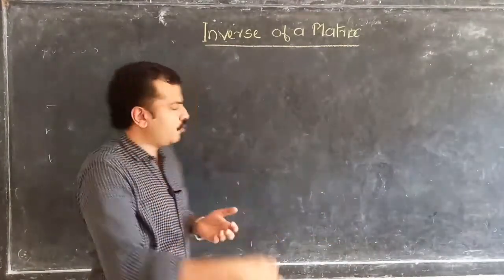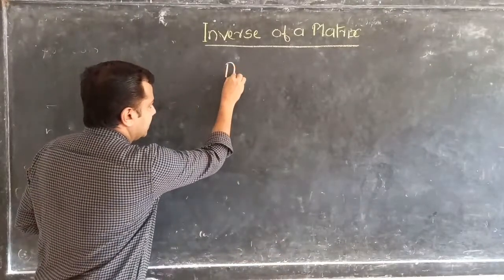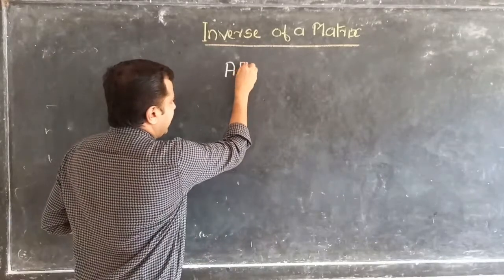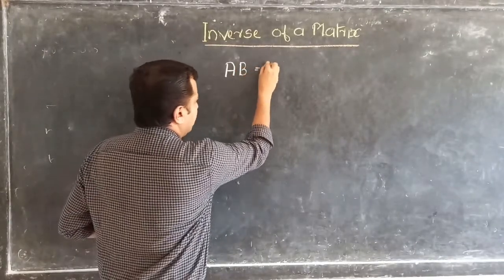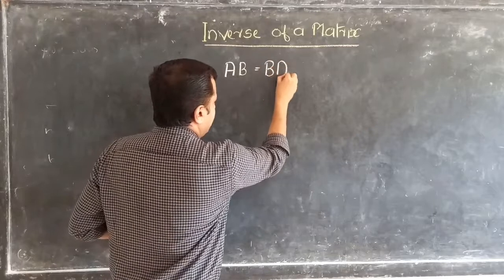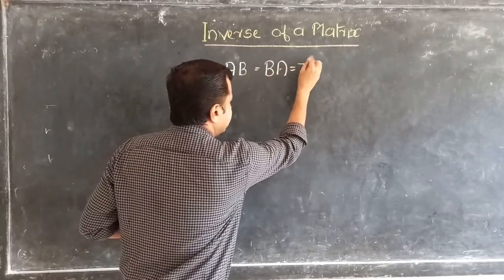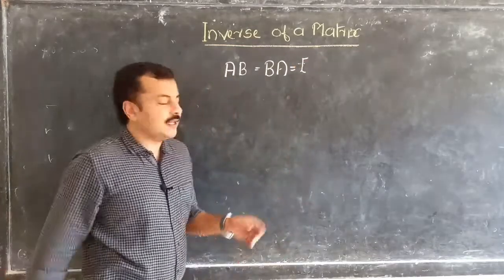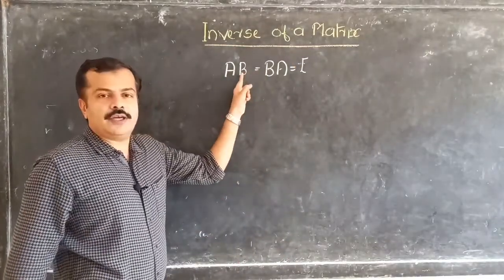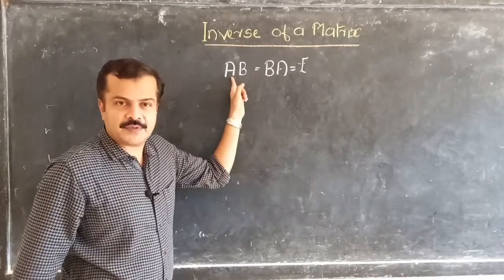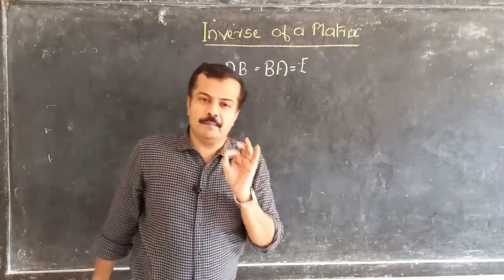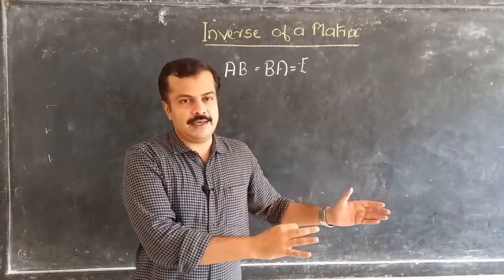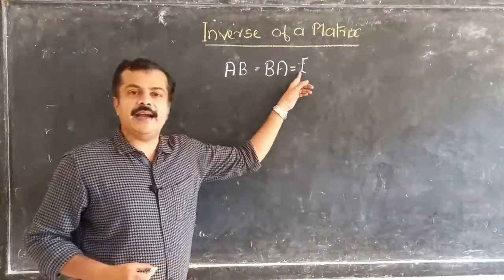Now, for a square matrix A, let us suppose that there is another matrix B such that A into B or B into A produces an identity matrix. Then B is called the inverse of A. That is, if we multiply a square matrix with its inverse, it produces an identity matrix.